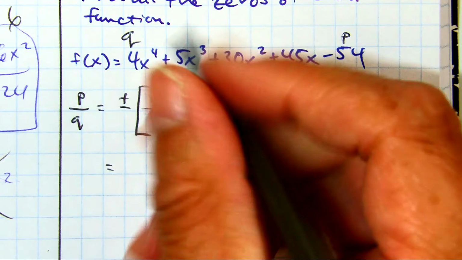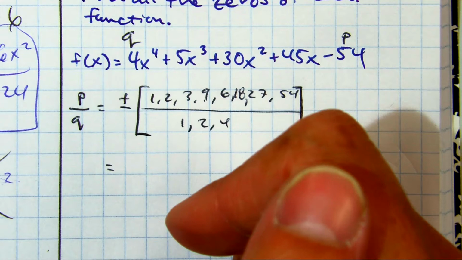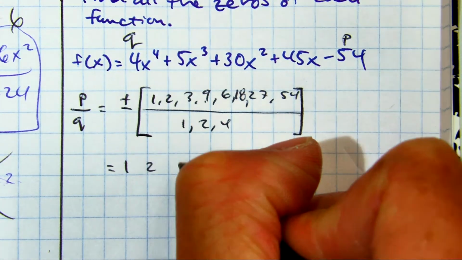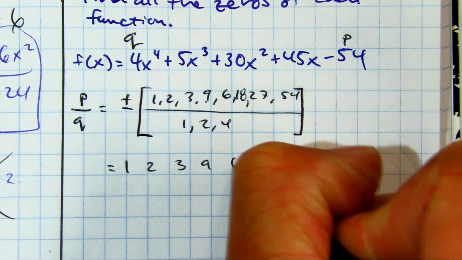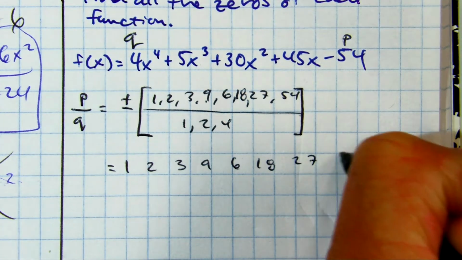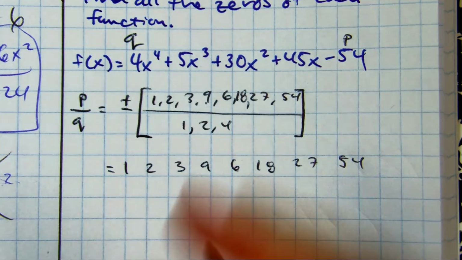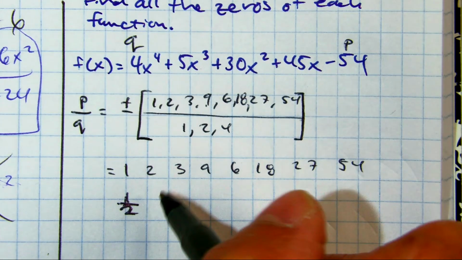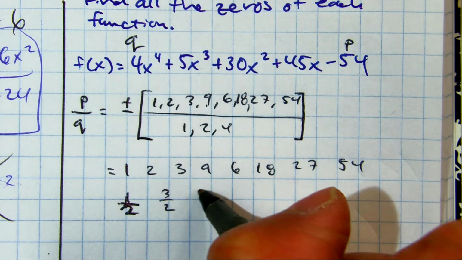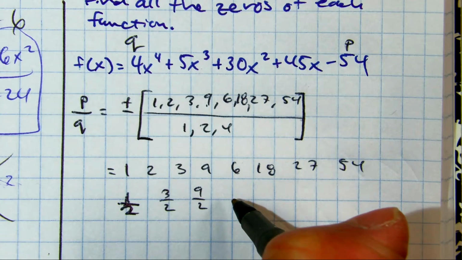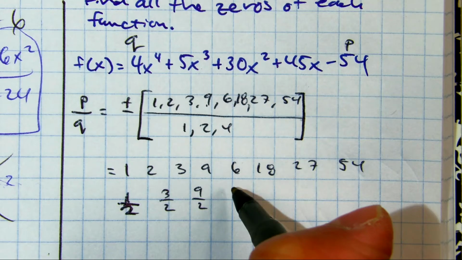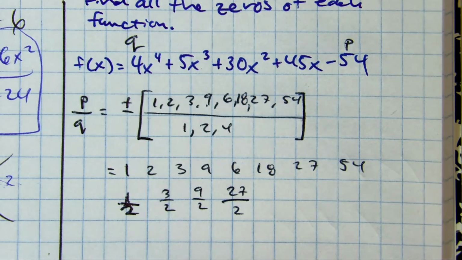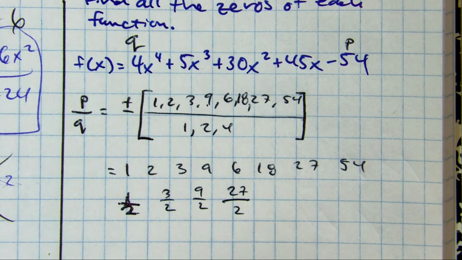Let's make it super obvious. Rochelle, I want you to list out all of the possible positive numbers or rational zeros we can get. 54 over what? Is that divisible?